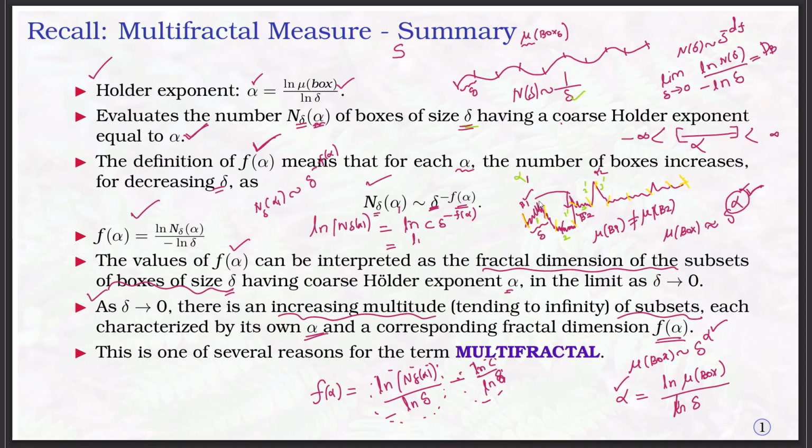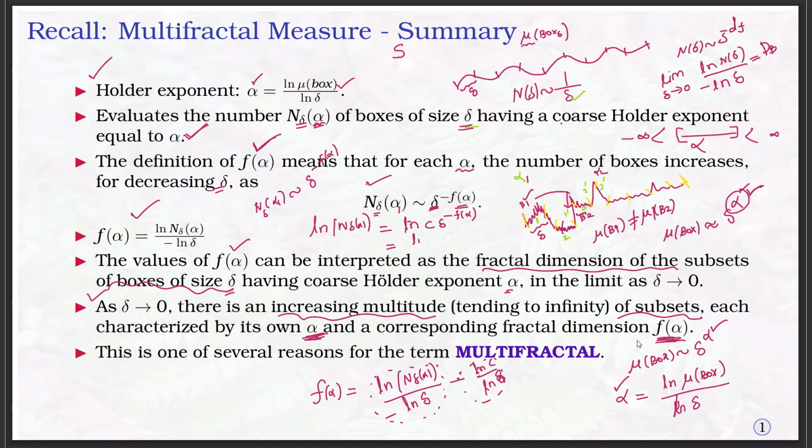We collect and separate those boxes by the alpha exponent. So each subset is characterized by its own alpha, and this alpha corresponds to f of alpha, that is, the alpha and the corresponding fractal dimension f of alpha.